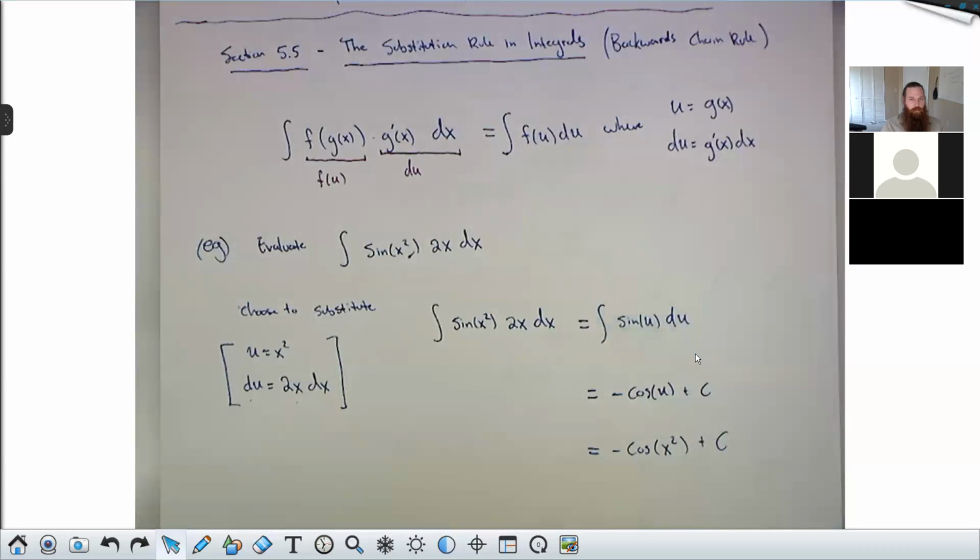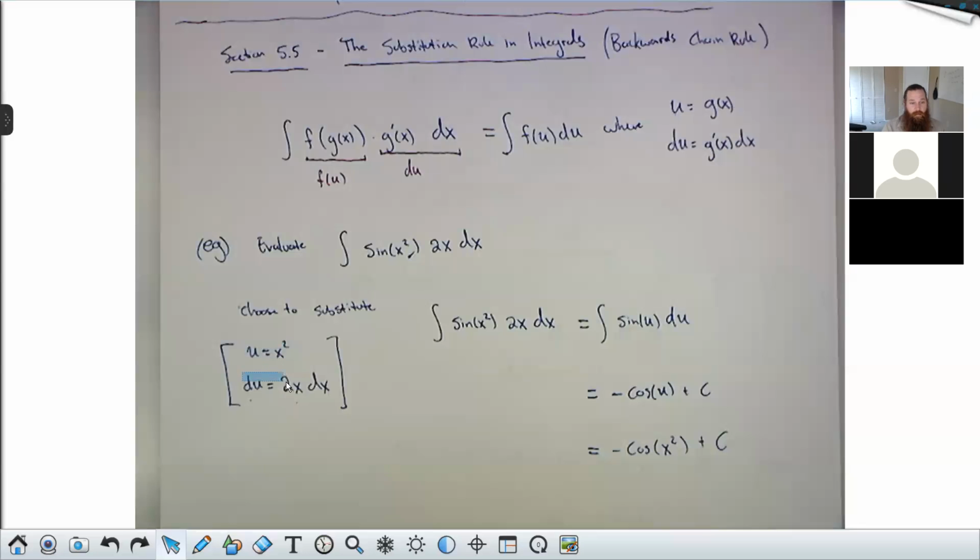So what is substitution? It's where we choose to relabel parts of my integrand, like here, the x squared, as a new variable. And then you change the differential to be the differential of that new variable. So after you've picked your substitution, like here, I picked the substitution u equals x squared.